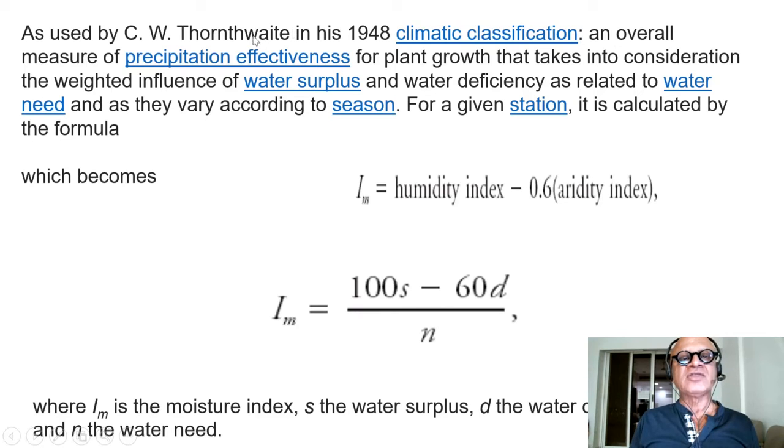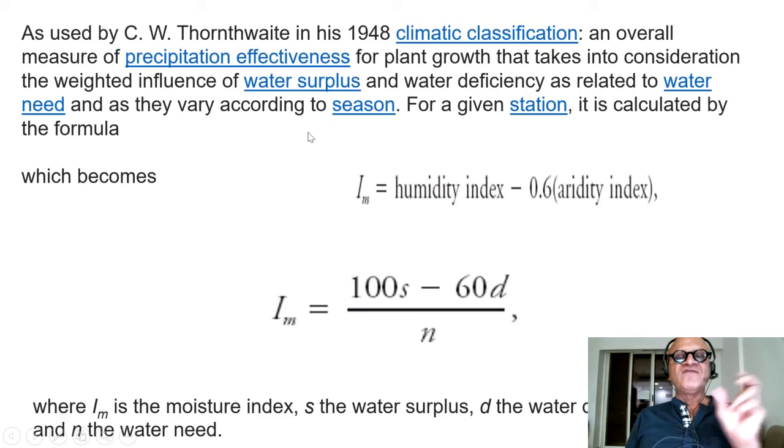It's defined by Thornthwaite in 1948 climate classification. It's an overall measure of precipitation effectiveness for plant growth that takes into consideration the weighted influence of water surplus and water deficiency as related to the water need by the plants.